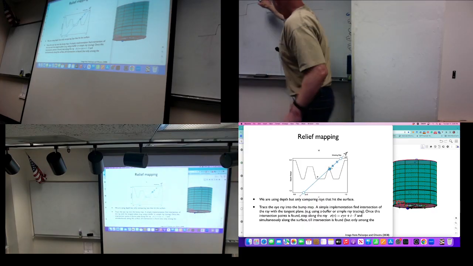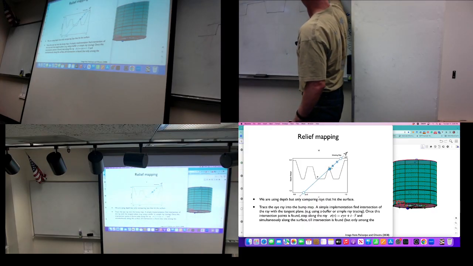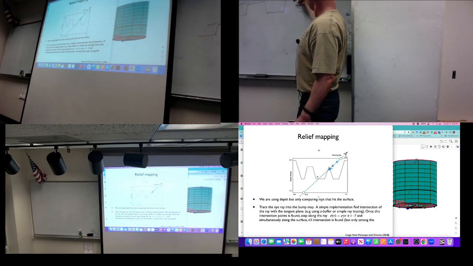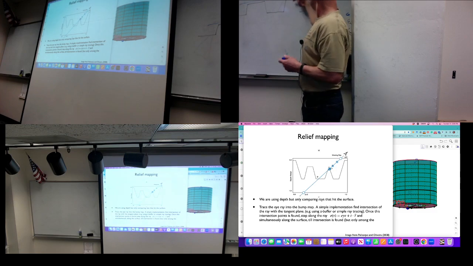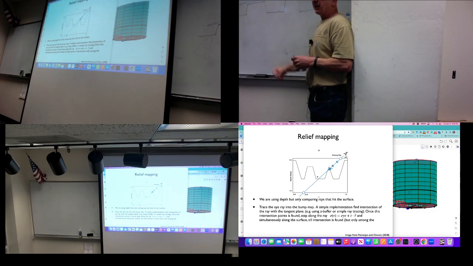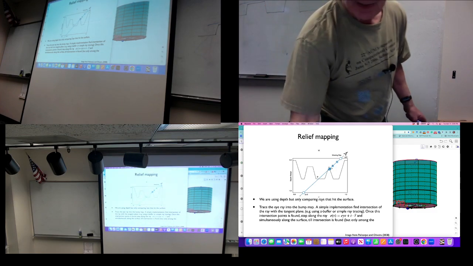When I'm getting close to this surface. When I'm getting closer to this surface, suddenly this bump is supposed to hide, to occlude the next bump along it. Examples?